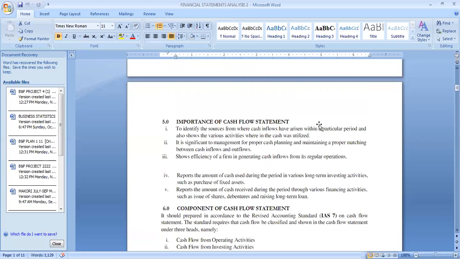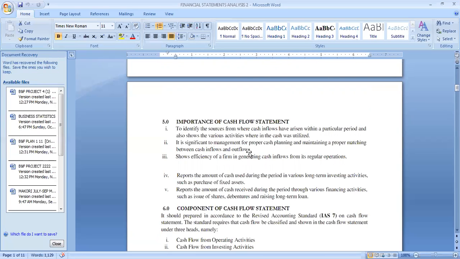The importance of the cash flow statement, you'll find that most of them might be repeating what we have discussed: to identify the sources from where cash inflows have arisen within a particular period from the three that we have talked about.